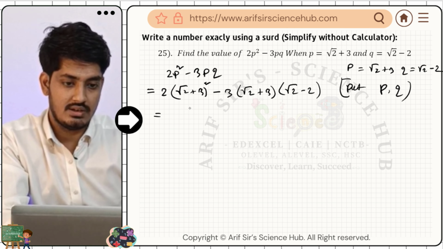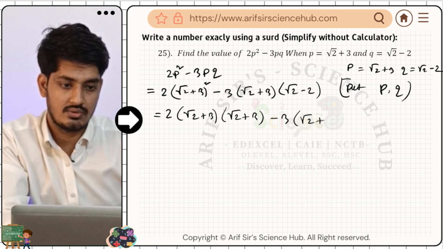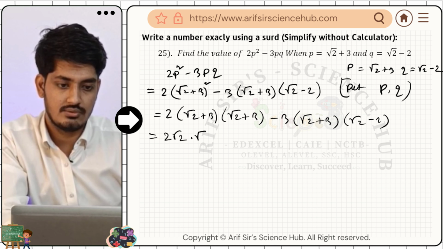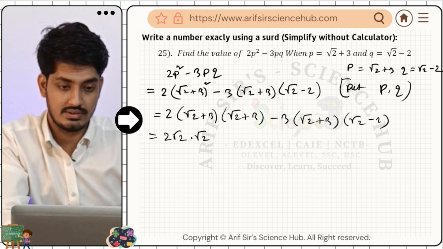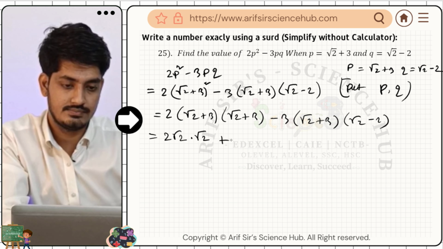We can easily write it like this: 2 into square root 2 plus 3, whole square, minus 3 into square root 2 plus 3, square root 2 minus 2. Then we can multiply this: 2 square root 2 into square root 2. Let's put it in a bracket.